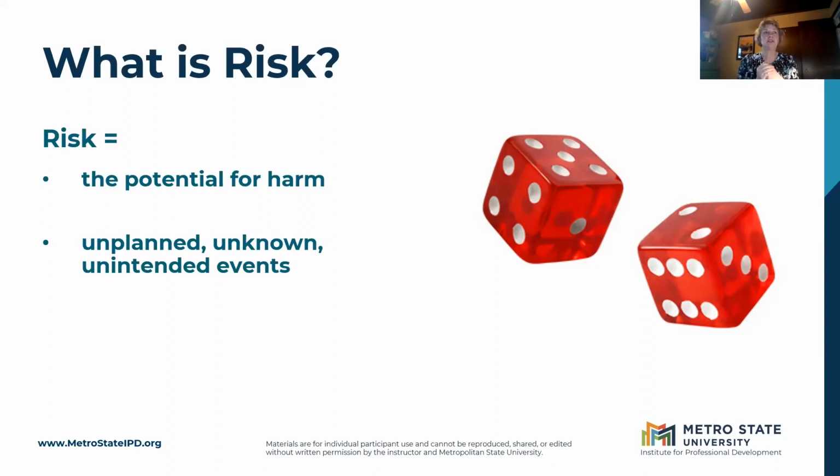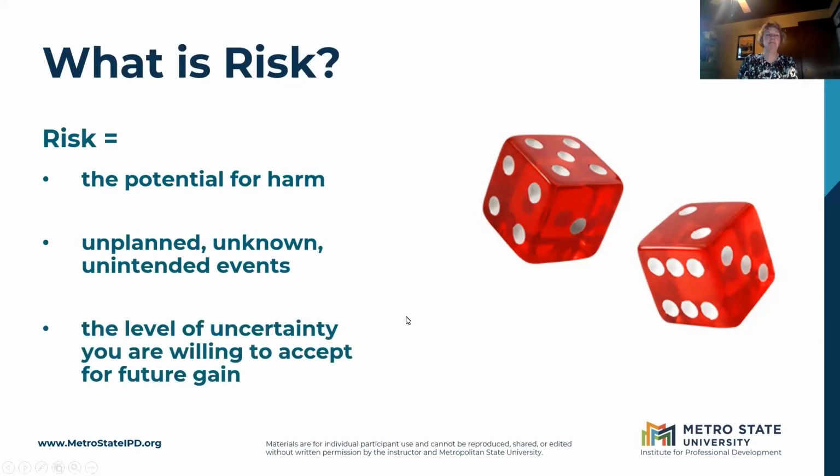So while we tend to automatically go to risk being a negative thing, it can be an opportunity for good things to happen. And in that case, risk is really pretty neutral. And risk is your level of uncertainty that you're willing to accept for future gain. So it's on a sliding scale or continuum.